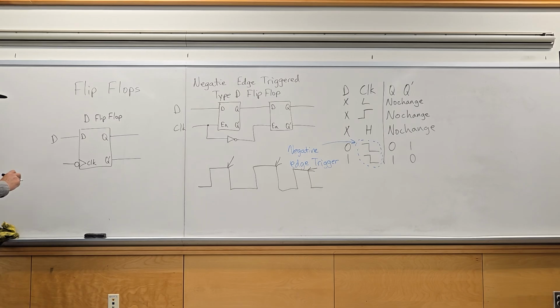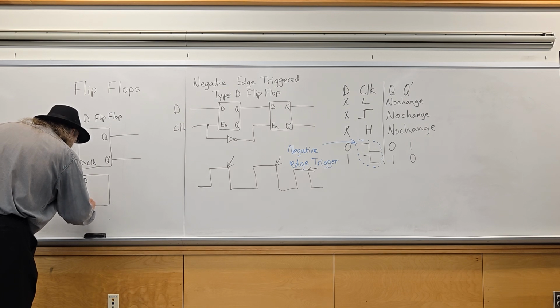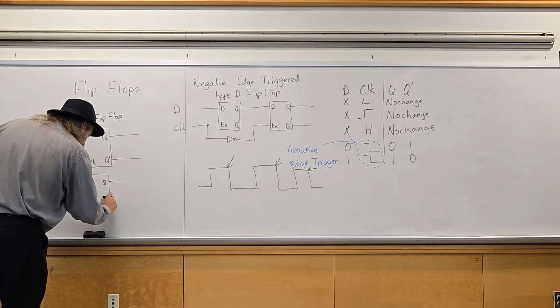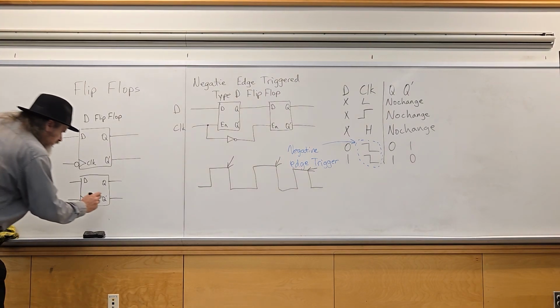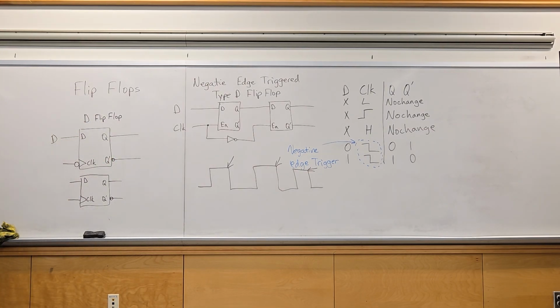And for a positive edge trigger, it's just the D, and I guess technically the Q prime has a bubble here too, because it's an inverted output from Q. Yes, the Q is the output, and this is the complemented output.